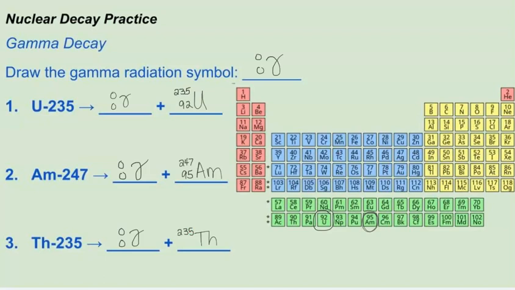You don't necessarily need to put the atomic number every time, but then Th is number 90, so I'm going to go ahead and fill in that atomic number at the bottom as well. And that's really all there is to gamma decay. There's no impact on the atomic number or the mass number. All it is releasing is a whole bunch of energy, and that's what that gamma particle is representing.